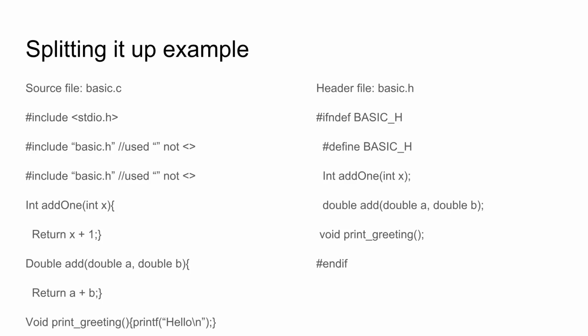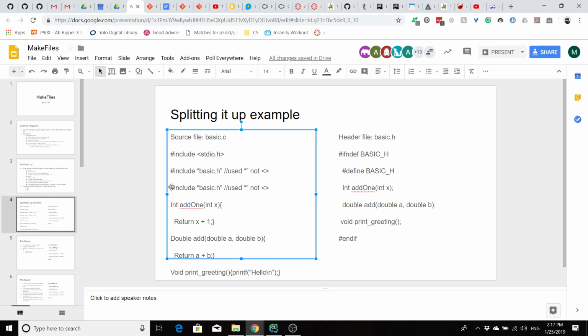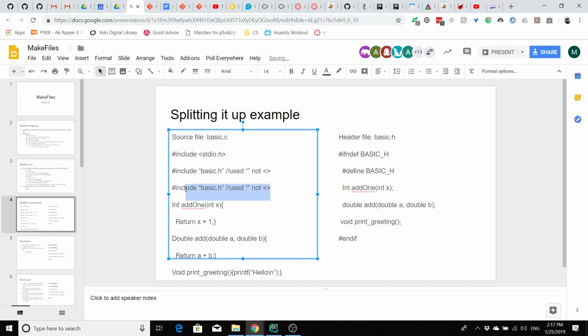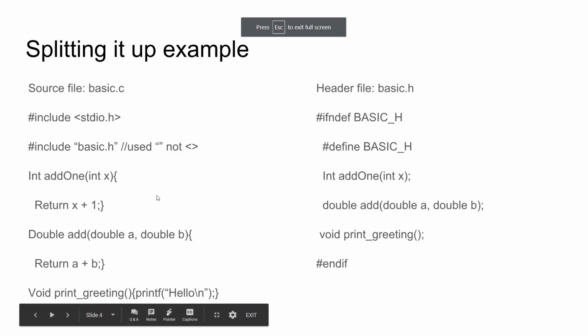So let's say we had some source file, basic.c, #include stdio.h, #include basic.h, right? Then we want to add one and we have a double.